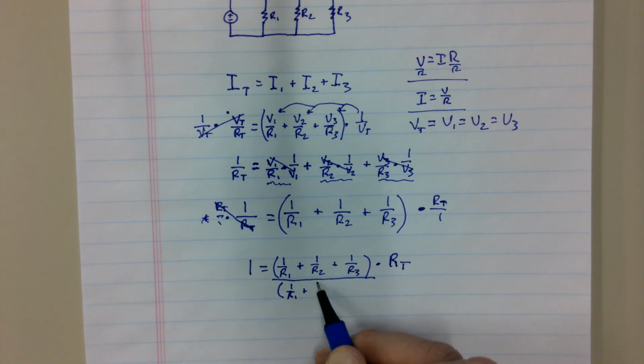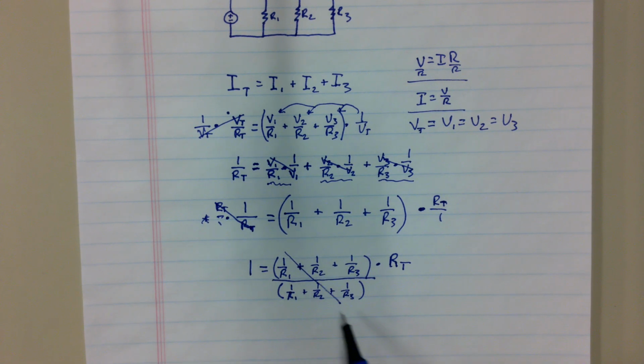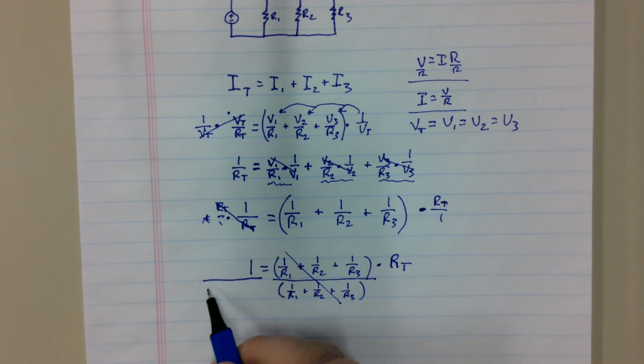1 over R1 plus 1 over R2. Obviously this cancels, but what I do to one side I have to do to the other. So I'll put it over there.